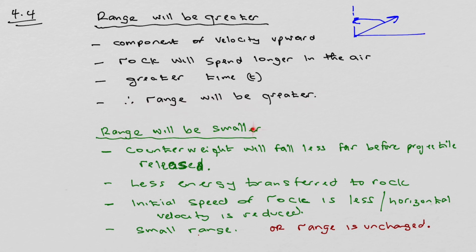The range will be smaller if the counterweight falls less far before the projectile is released, so less energy is transferred to the rock. The initial speed of the rock is less, so the horizontal velocity is reduced, and then the range is smaller. Or the range is unchanged.